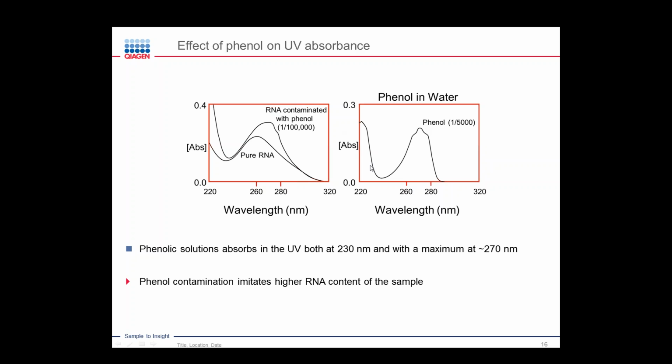In the right panel, there is a wavelength scan only for a phenolic solution, and there you can see the absorbance maxima at 230 and around 217. As a consequence, a phenol contamination will imitate higher RNA content of the sample.